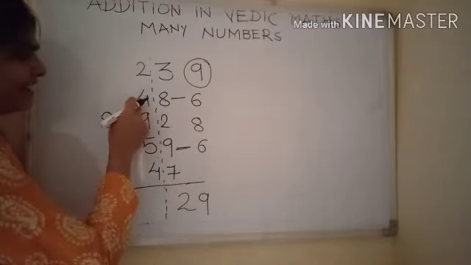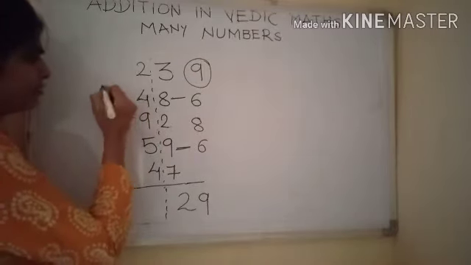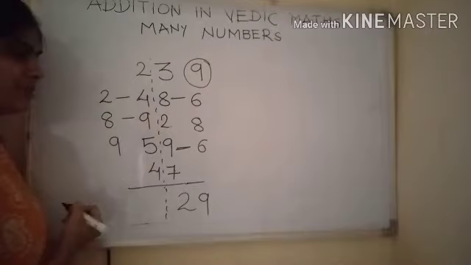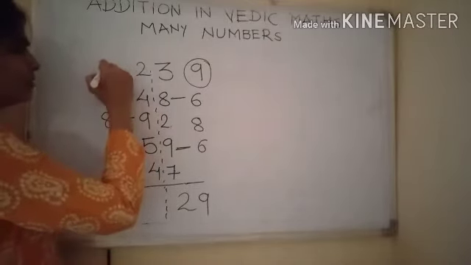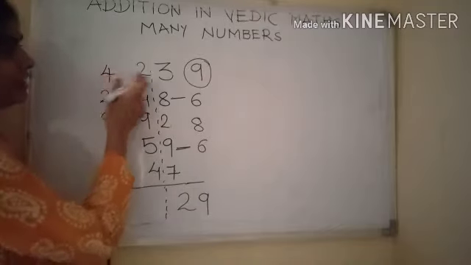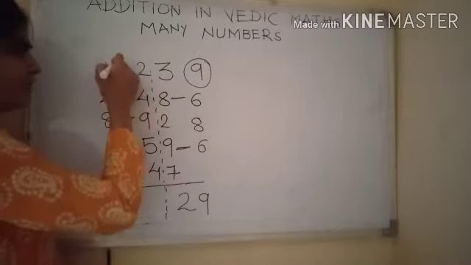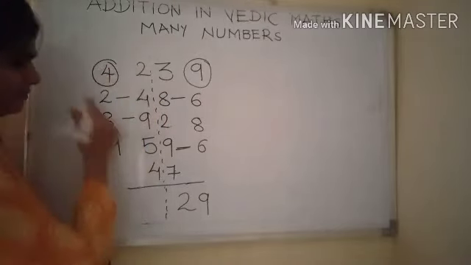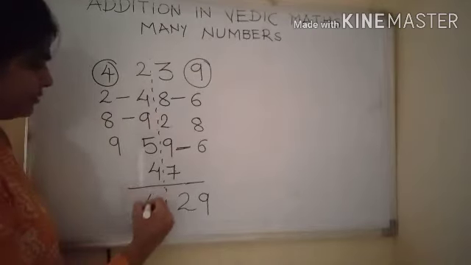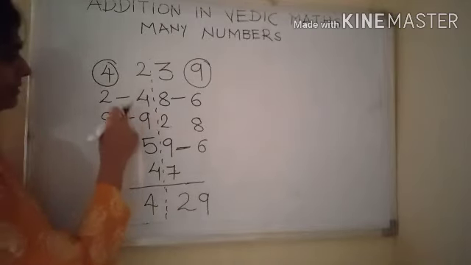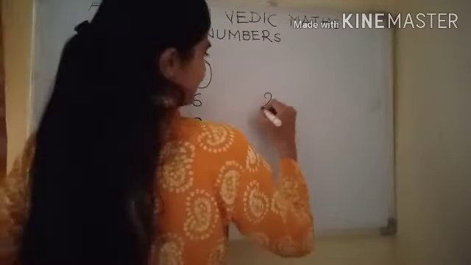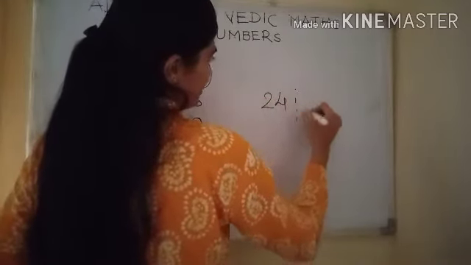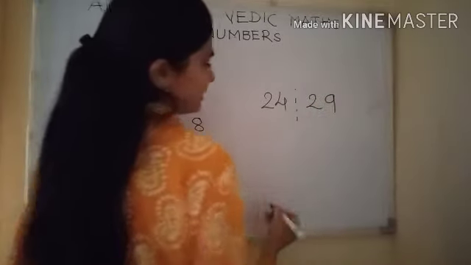Now 8 and 4, the number is 2, but it is a carry combination, so keep a hyphen. 2 and 2, that is 4, a non-carry combination, so no hyphen. Now what was the digit? 4, and how many hyphens? 2 times. Okay, the answers are 24 and 29.